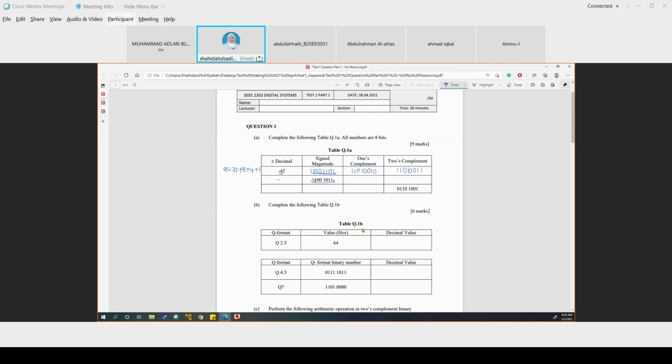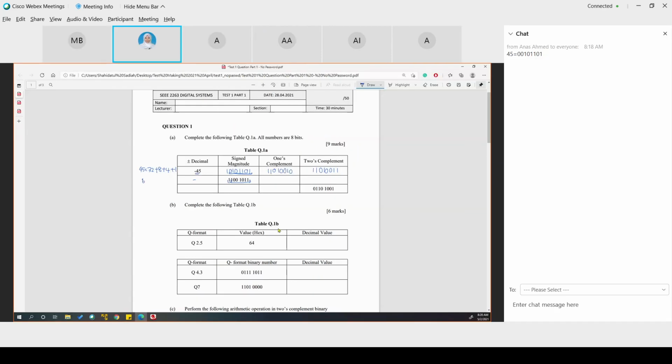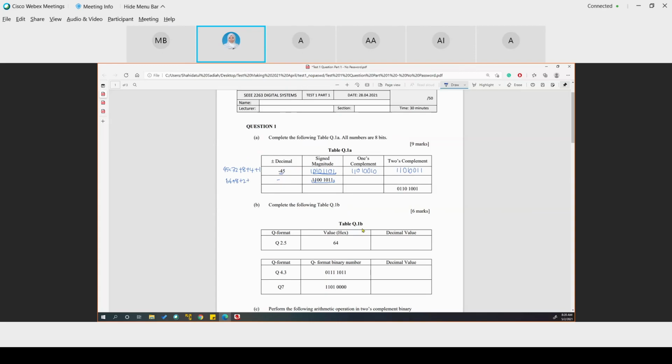The normal binary says it is 64 plus 8 plus 2 plus 1, minus, since the sign bit is 1 here, right?